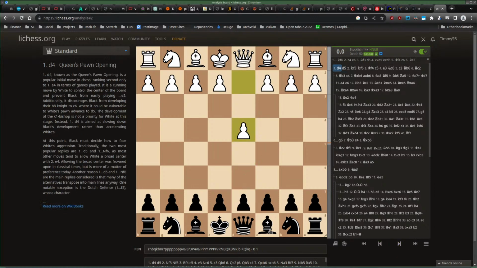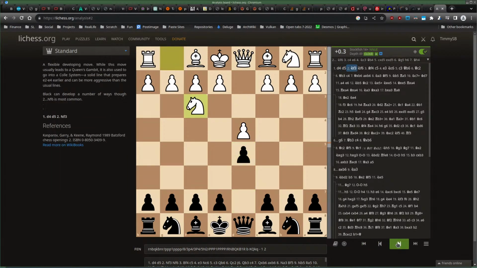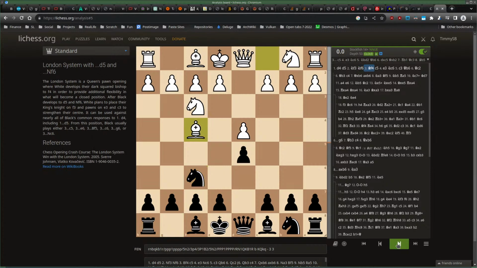Let's play knight f6. No, I thought there was less risk that he would deviate if I do this, I think. Do we do this or... yeah, let's play d5. And then he plays that, and then I play c4.